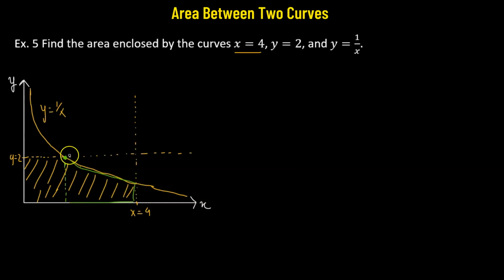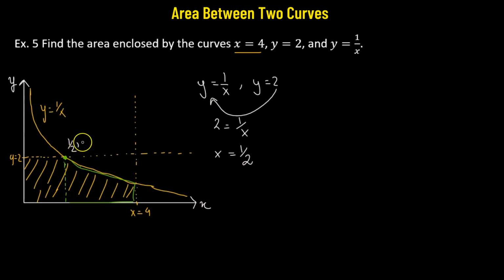It is happening between the line y equals 2 and y equals 1 over x. So let's solve that. Substituting, we have 2 equals 1 over x. So x will be equal to half. So this is the intersection point, half comma 2.